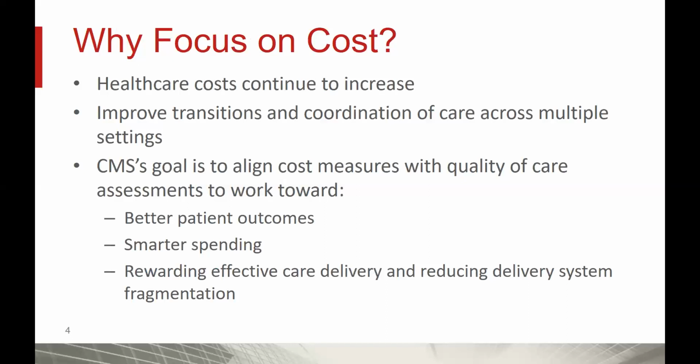So really the goal of MIPS and the Quality Payment Program is to improve quality outcomes and coordination of care across those different provider types in hopes of reaching better outcomes for patients. CMS's goal for the cost category is to align cost measures with the quality of care. The goal is to work towards better patient outcomes, smarter spending, and rewarding providers for effective care delivery and reducing delivery system fragmentation.